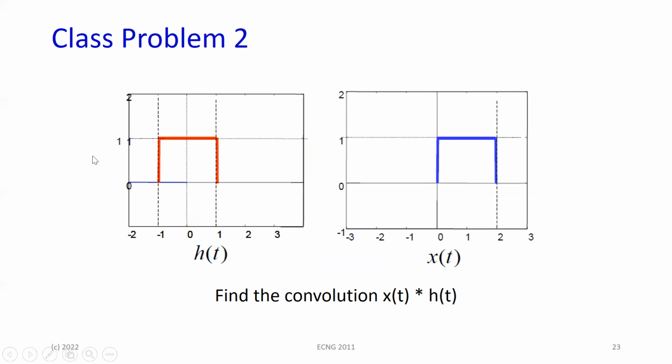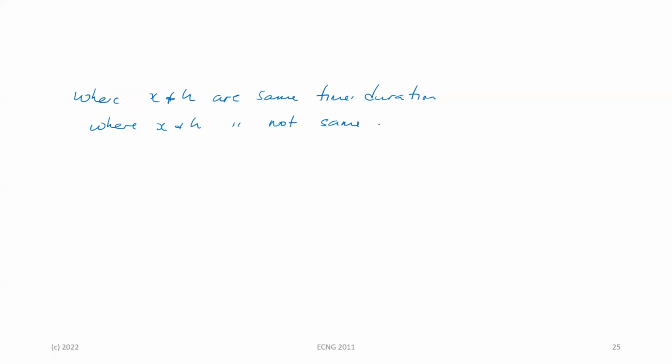We're going to look at the ones where the 2 pulses X and H have the same time duration, and the ones where X and H are not the same time duration.